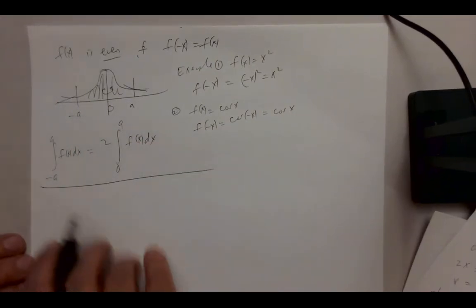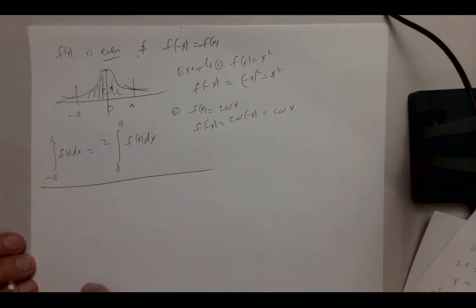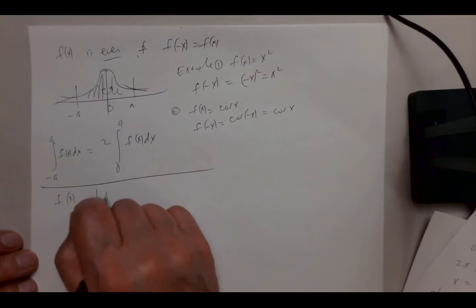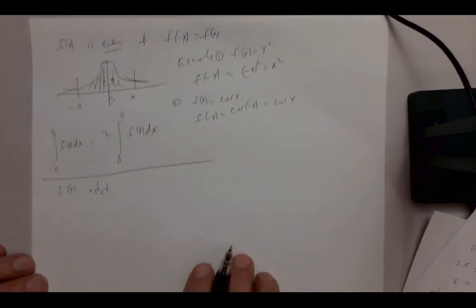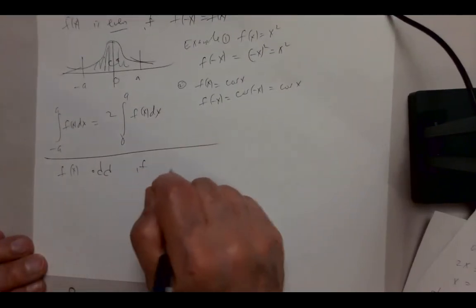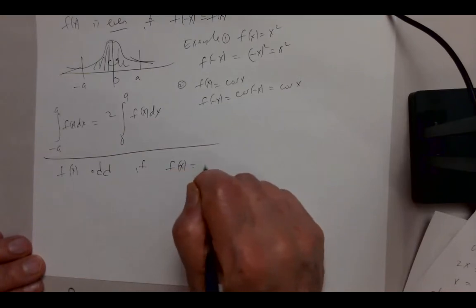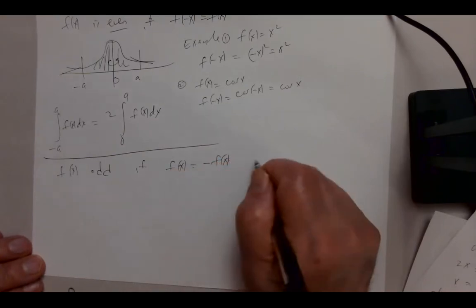So for an even function, there's this simple integration fact. There are also functions which are called odd functions. We say f of x is odd if f of minus x is equal to minus f of x.